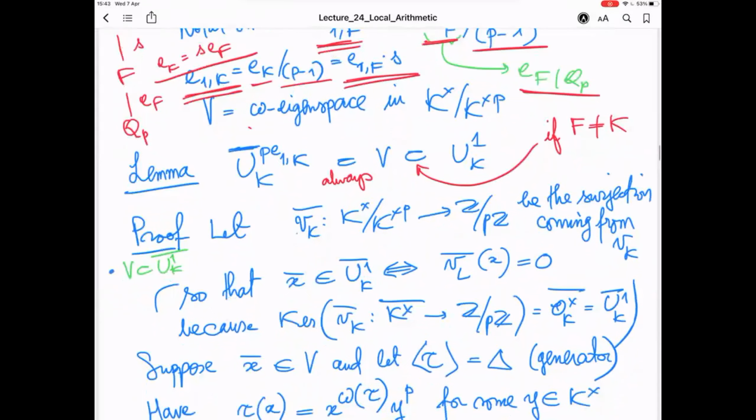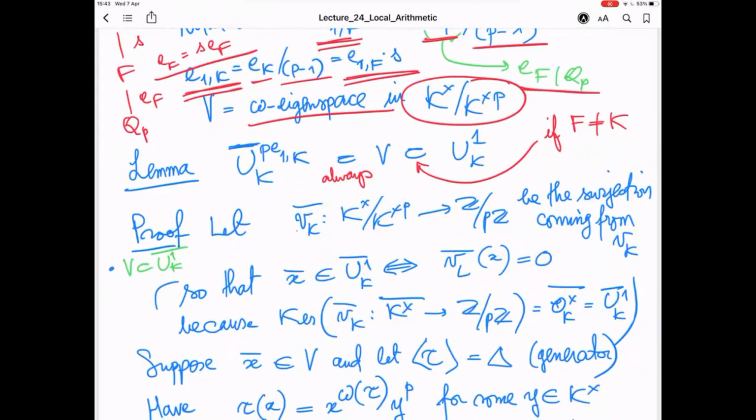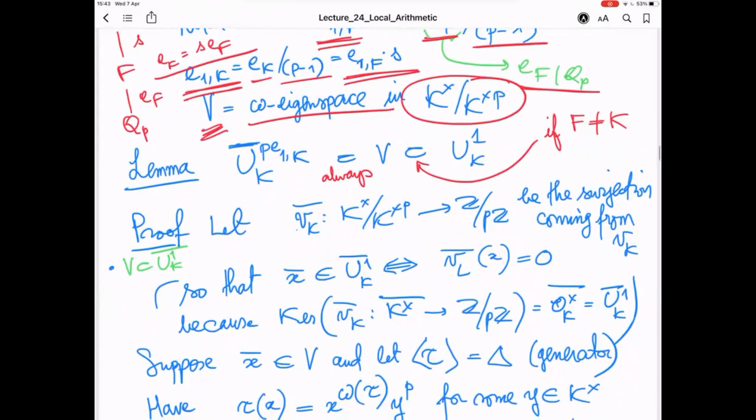And let's give it a name. The omega eigenspace for the action of delta on K star modulo K star to the power P, we'll call it V. Okay?